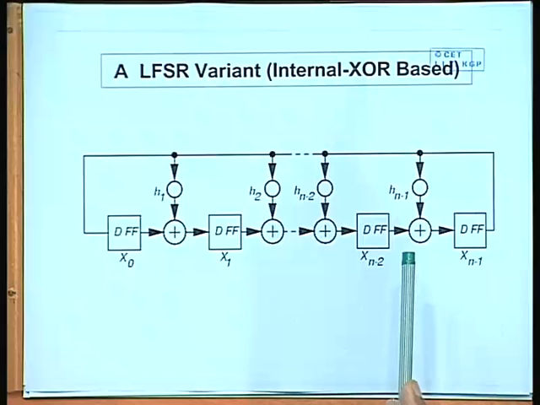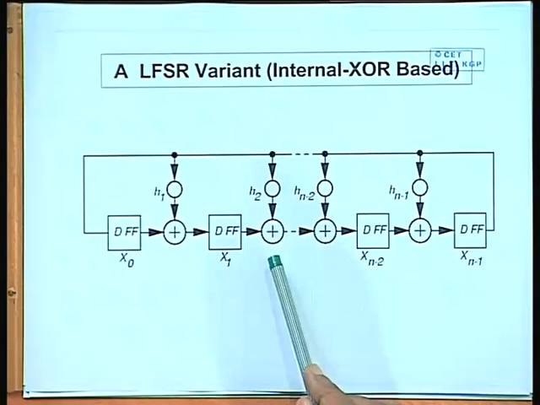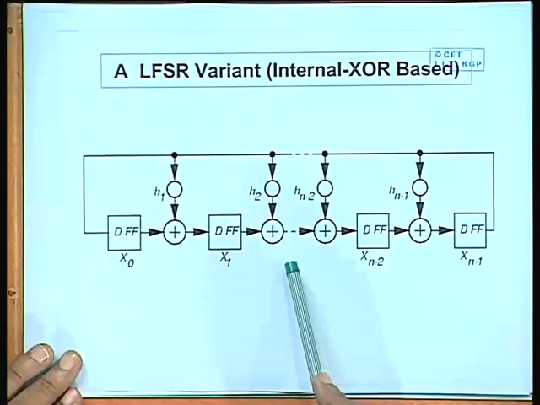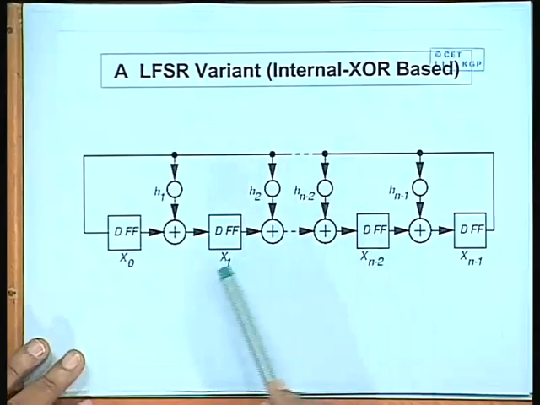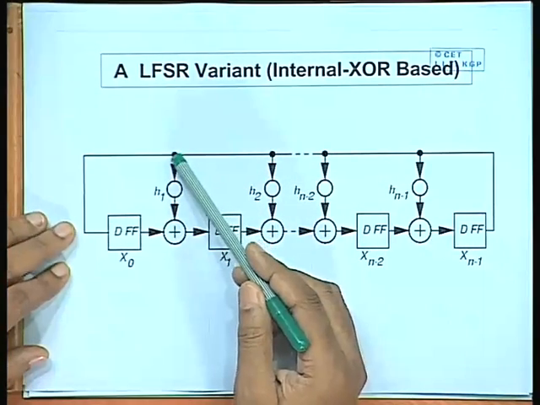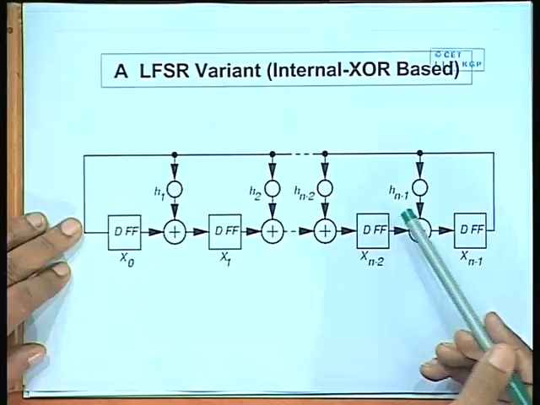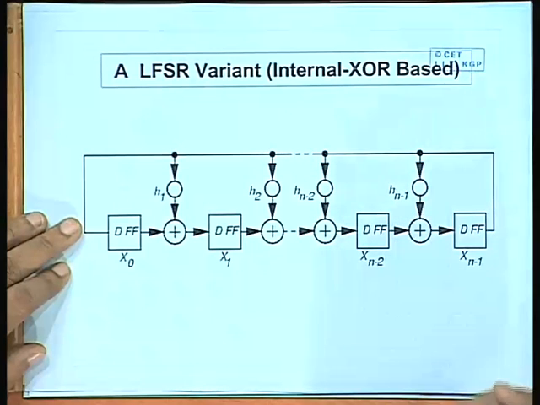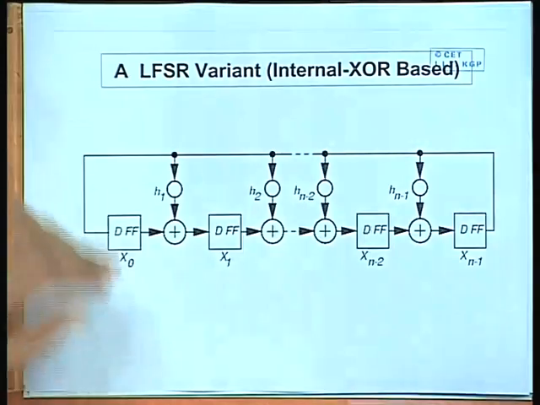Well, now let us try to look at some of the mathematical properties or mathematical basis on which these LFSRs are based. I told you that you can select these feedback points depending on requirement, but how do you actually select that? For that, let us first look at some of the mathematical properties of this linear feedback shift register.